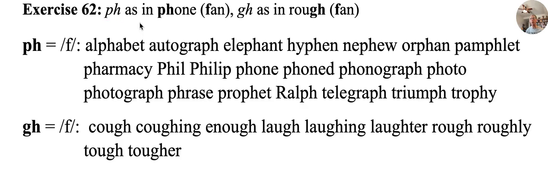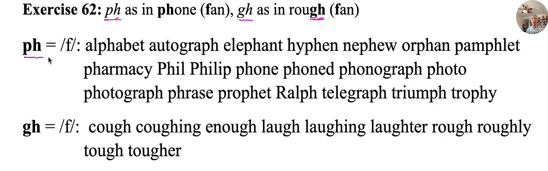Words that come from the Greek language generally will spell the F sound with a PH, and so you're reading Greek words. And the GH also can sometimes say the F sound. So let's take a look.